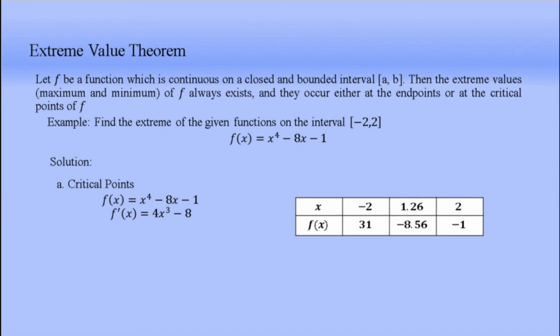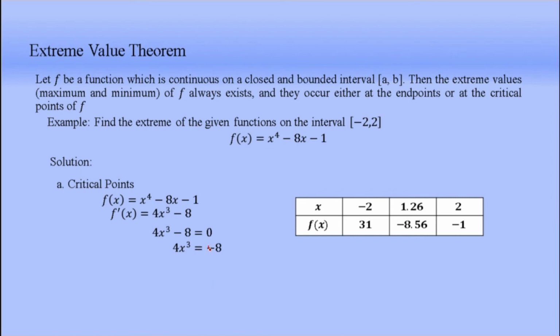So from there, we're going to find the x value. So 4x cubed minus 8 equals 0. Then we're going to transpose -8 to the other side, so that will be +8.